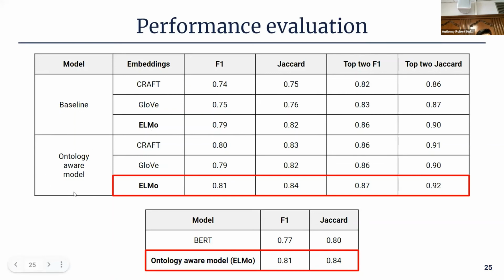And then we have our ontology-aware models, again trained on CRAFT, GloVe, and ELMo. As you can see, the F1 score of ELMo is highest, and so is the Jaccard semantic similarity.